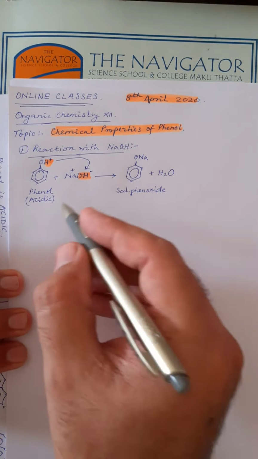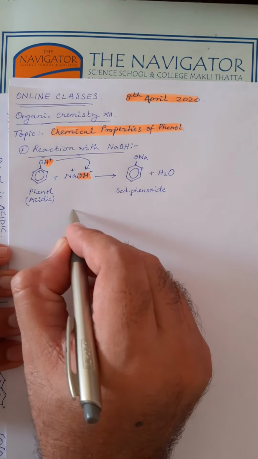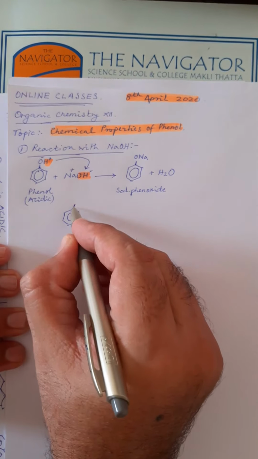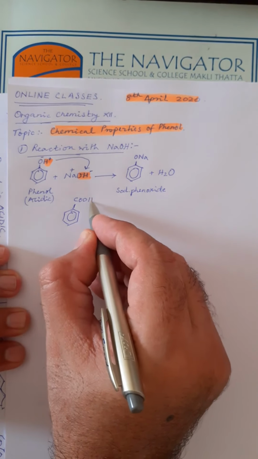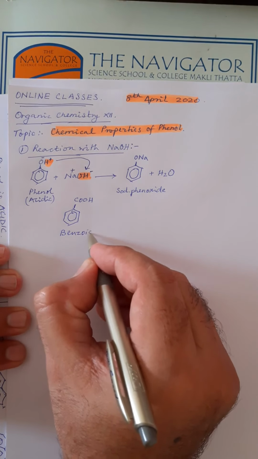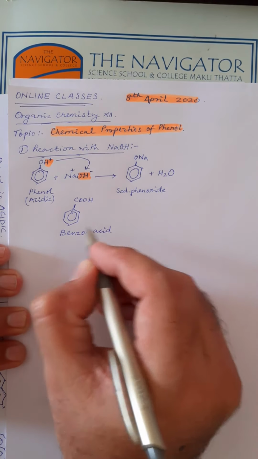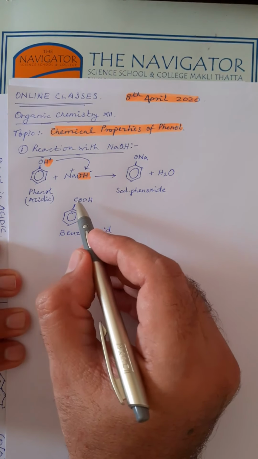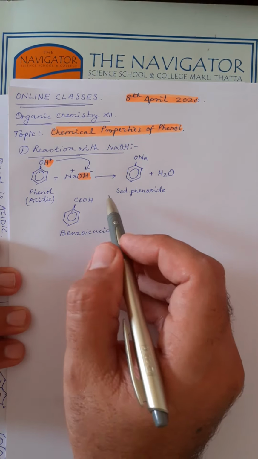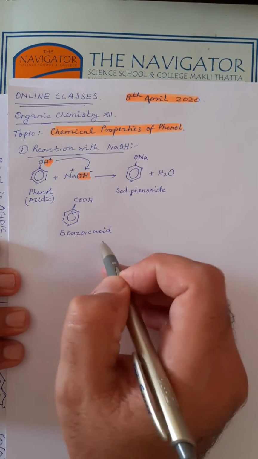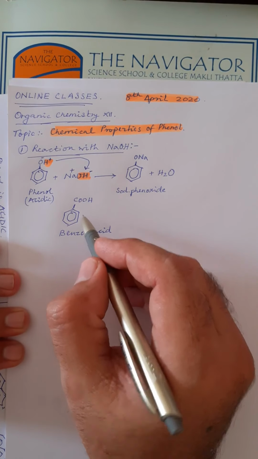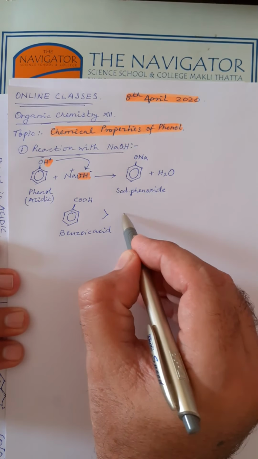Okay, I should rather explain this to you. This is benzene, and if benzene has the carboxylic group, this is called benzoic acid. Now, benzoic acid has two oxygens, so the proton will be very easily removed from benzoic acid as compared to phenol. So benzoic acid is actually more acidic than phenol.